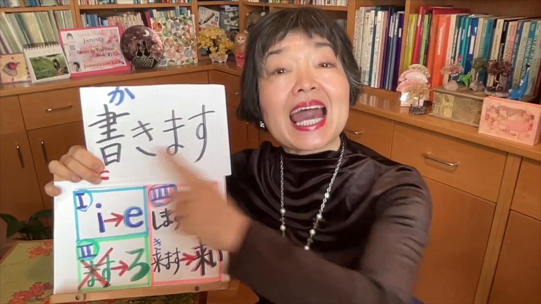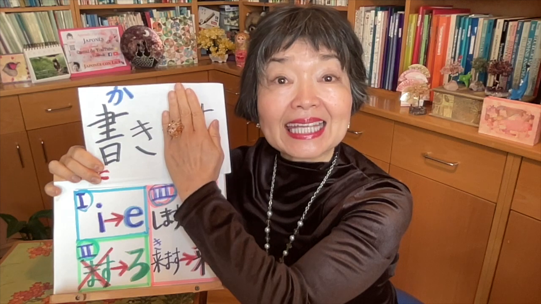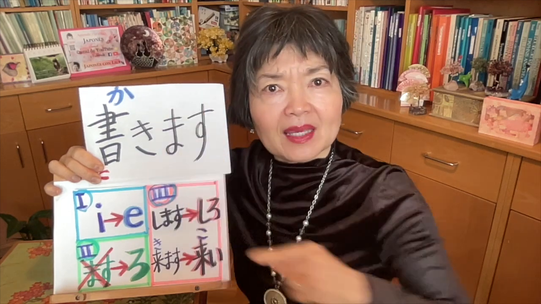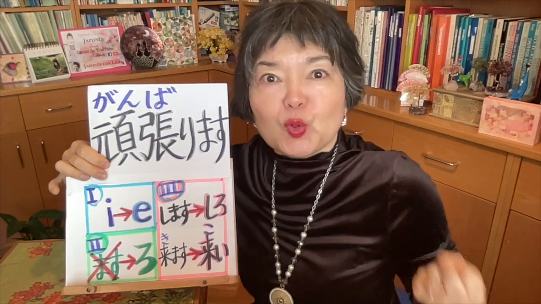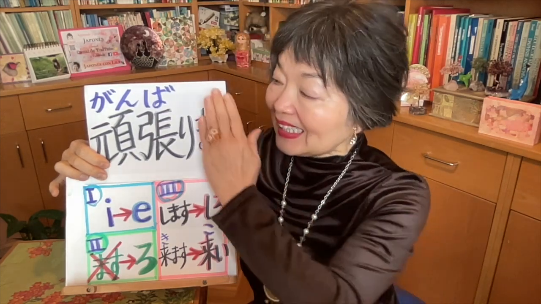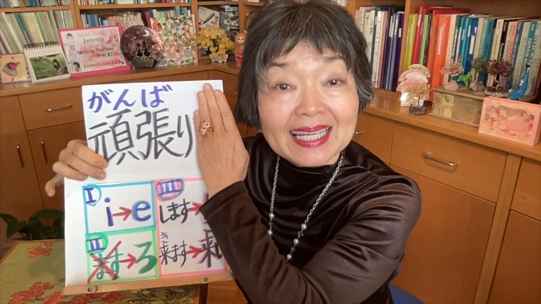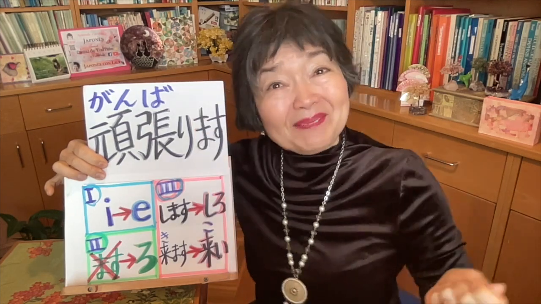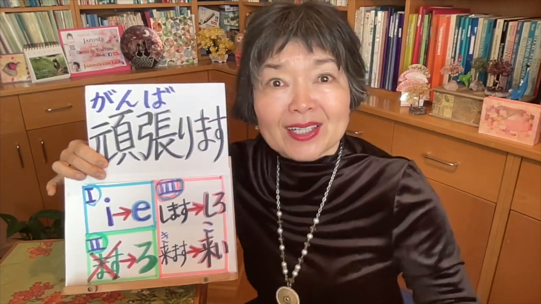To write. 書きます. Now you know, without ます, き, かきくけ, 書け. Right, 頑張ります, to do one's best. Without ます, then り, 頑張り, らりるれ, れ, 頑張れ. This means hang in there, you can do it.